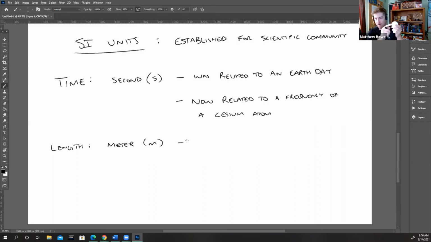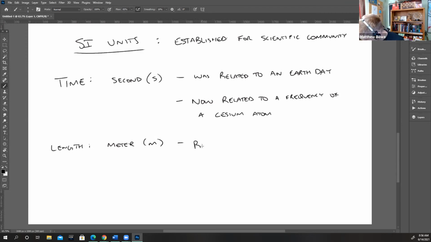So going from the equator, right around the center, you go all the way up to the North Pole. You take that distance, take a little chunk of it, and figure out what a meter is.